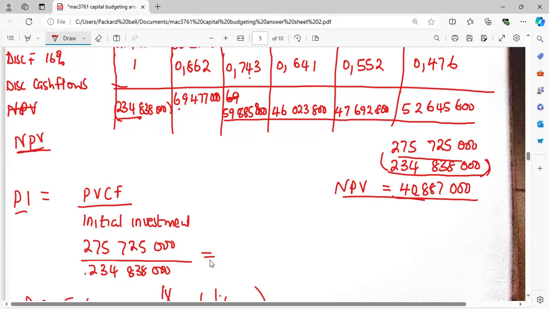So what is going to be our profitability index here? 725,000 divided by 1.17.